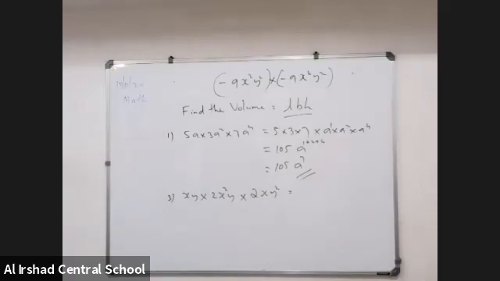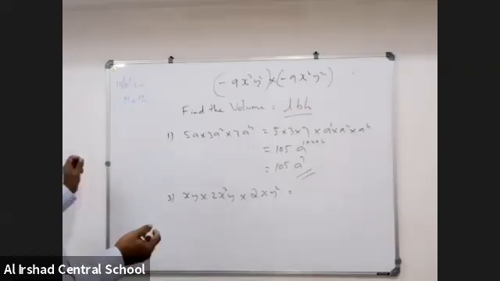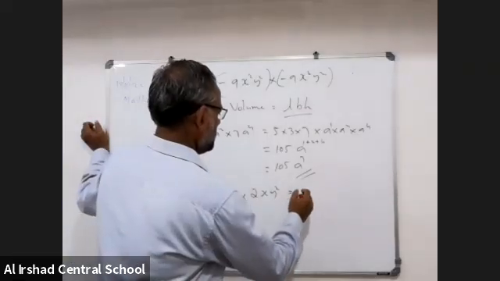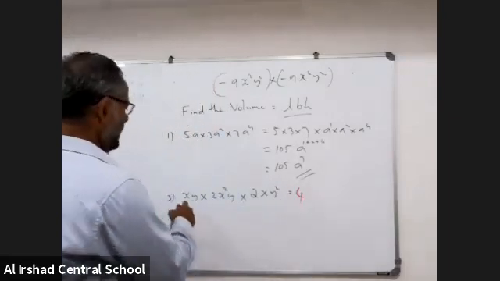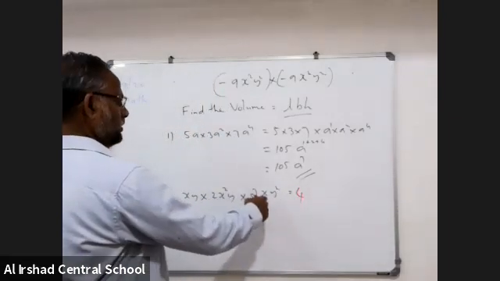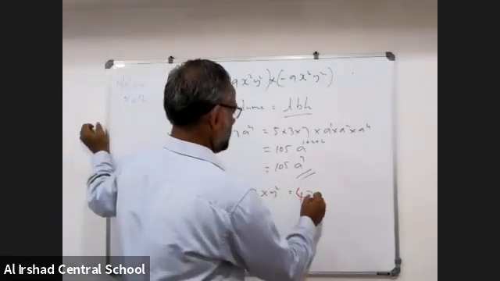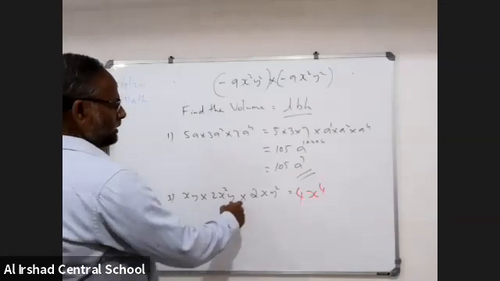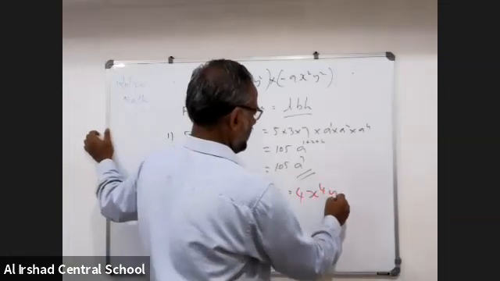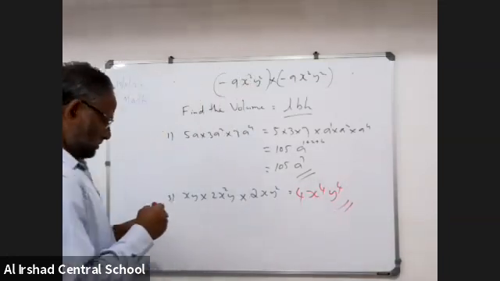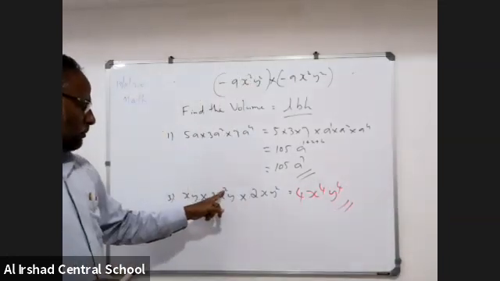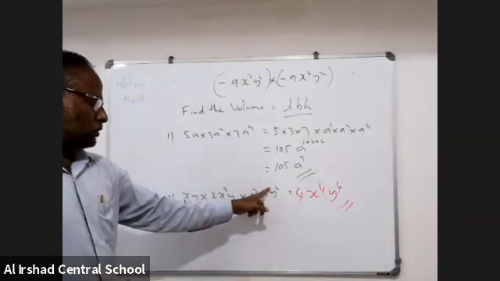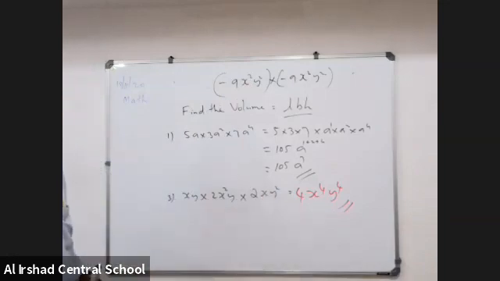Tell me the answer. 4x raised to 4 into y raised to 3. Okay. 2 into 2, that means 4. x into x square into x, that means x raised to 4. Then y into y square into y, that also y raised to 4. x is 1x, 1 plus 2, 3, 3 plus 1, 4. Then y also 4. That is the answer.